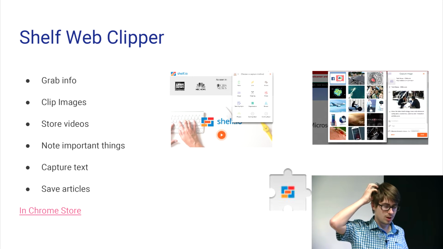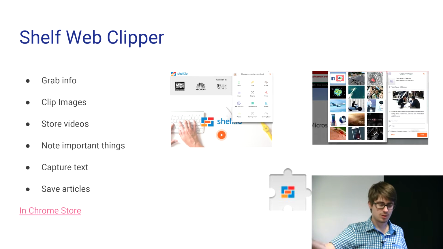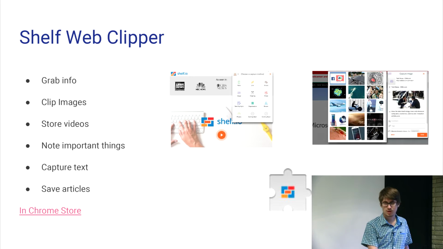You can also capture text from the pages: select the text on the page and import it to the web clipper, and then save it to our application on the Meteor side. And we have some small functionality to get articles from a page. So if you find an interesting article, you can save it directly from the page, just say I know the article, and it will try to extract the article from the page.